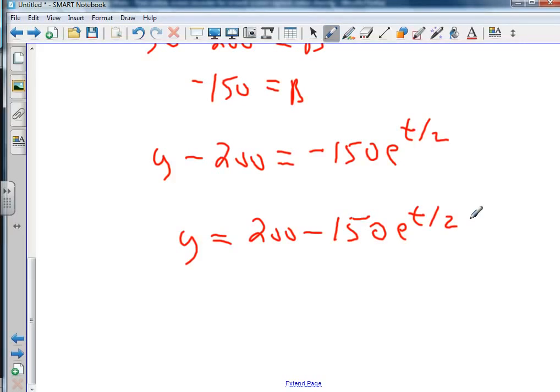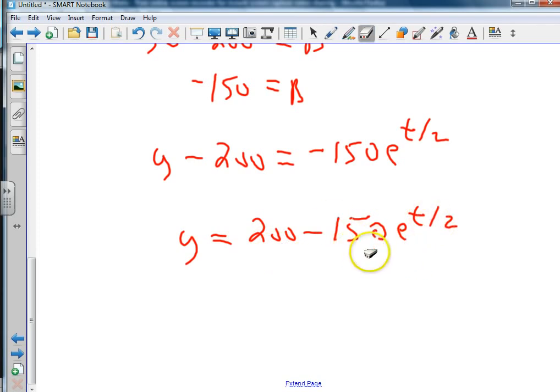Notice what this is doing. Make it, no, those are not like terms. You can only subtract like terms. If this was 200 e to the t over 2 minus 150, then I could do that. But this is just a constant and this is not.